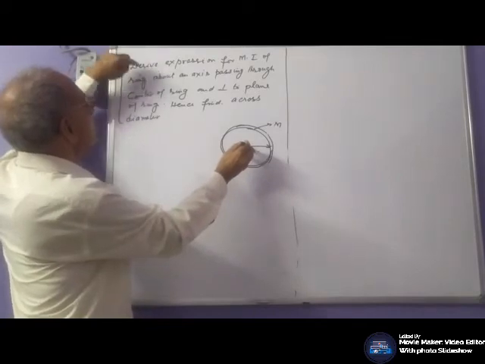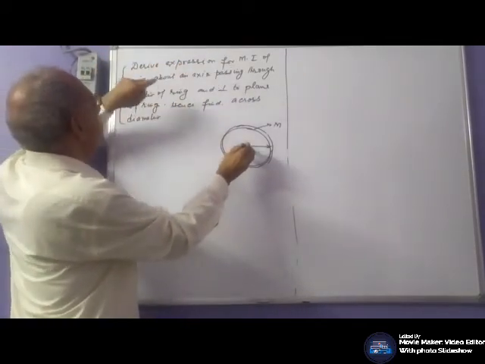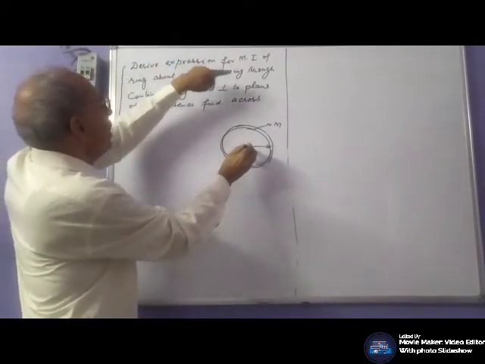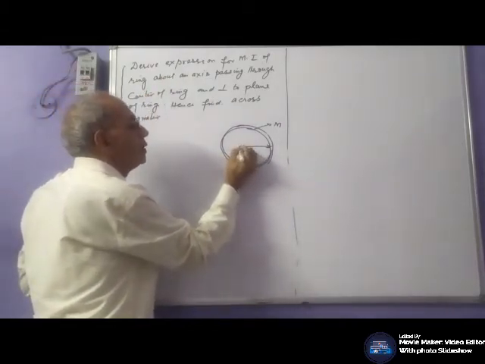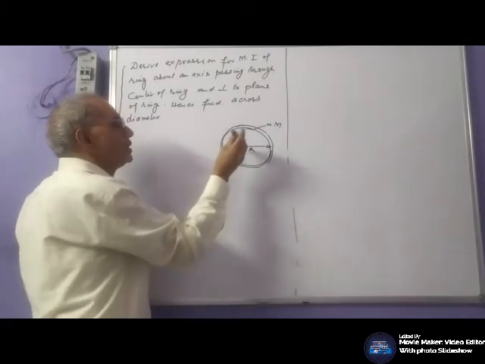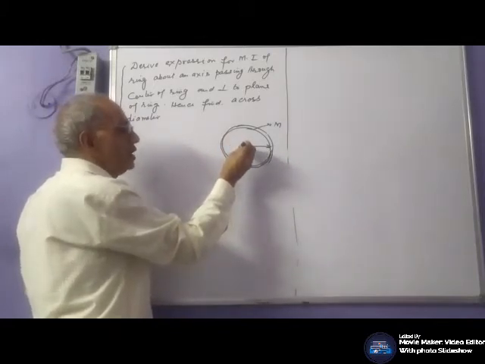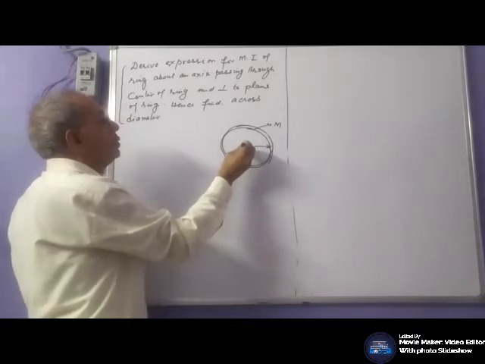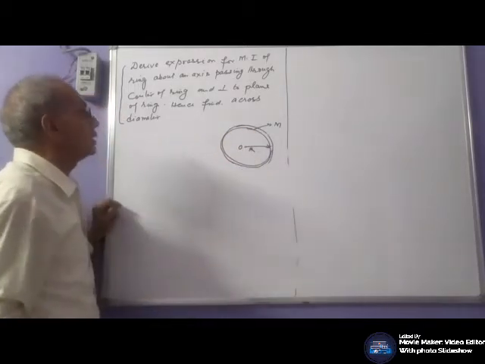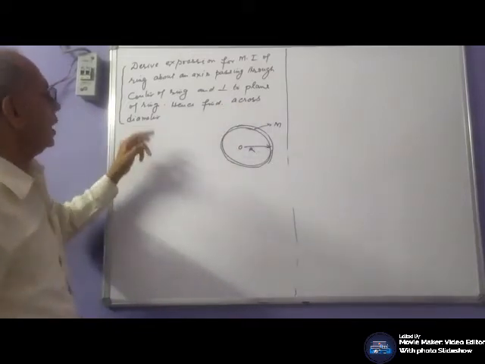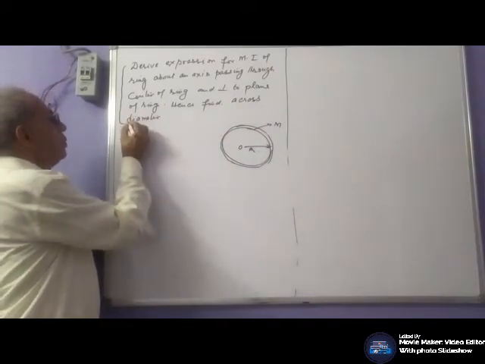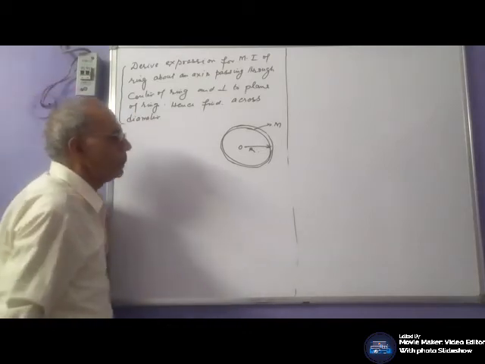Again, listen: derive the expression for the moment of inertia of a ring about an axis passing through the center of the ring, O. The marker is the axis, the ring is on the board. So about this marker we have to find the moment of inertia. Next, find it across a diameter, the next part of the question.